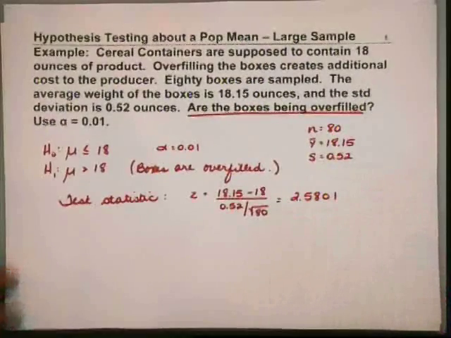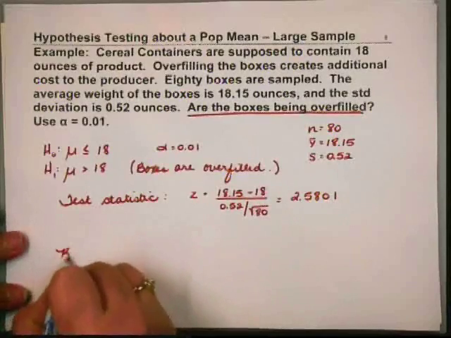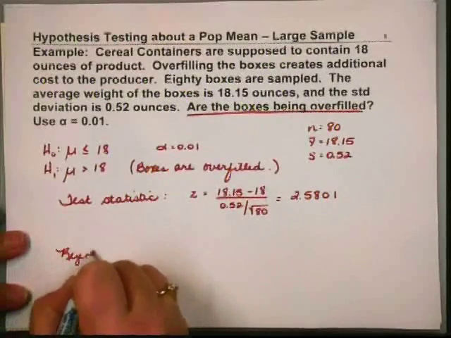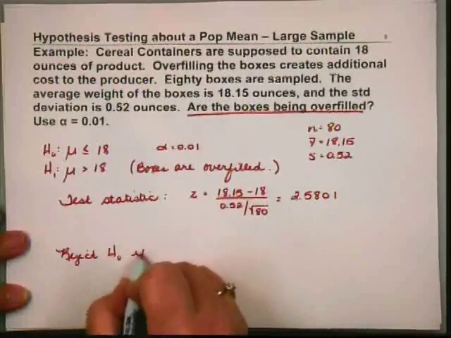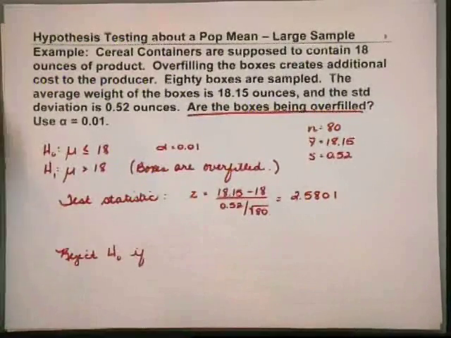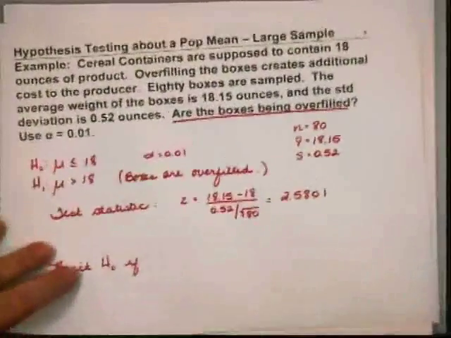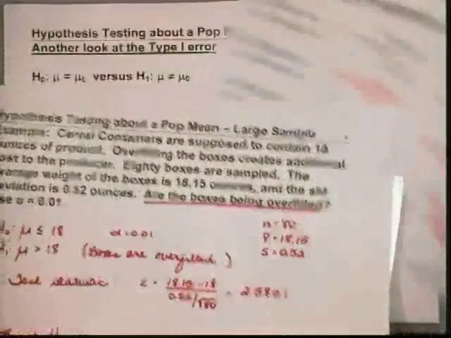I have 2.5801. Does everyone agree? We would reject the null hypothesis if what? Our rejection region, back up here.